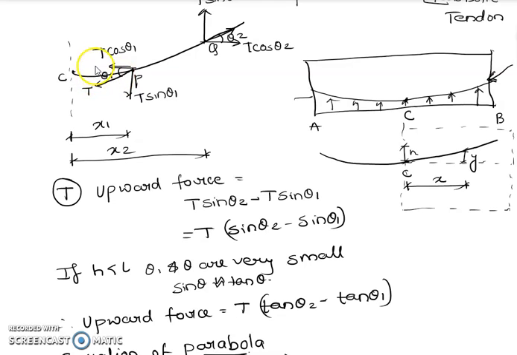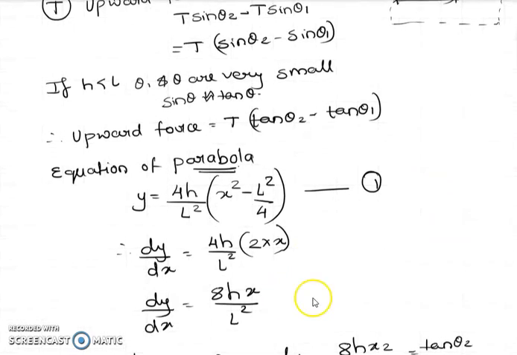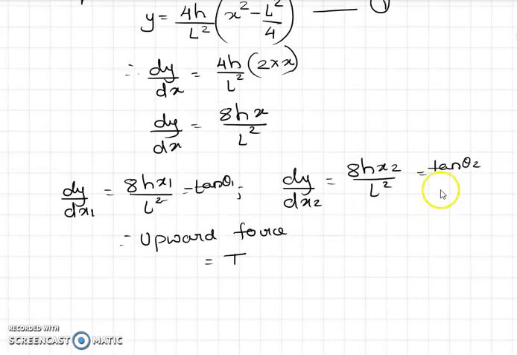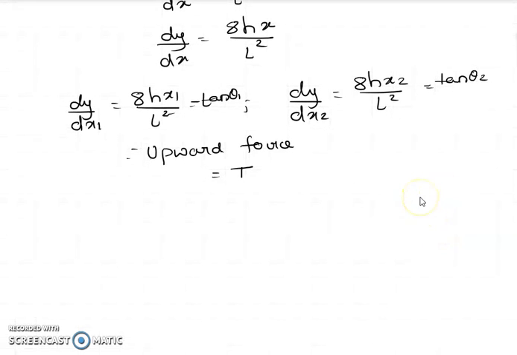So this upward force finally can be written as T into 8h upon L square into (x2 minus x1). I have just taken 8h upon L square as common.